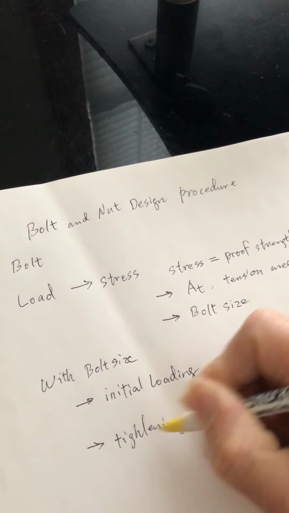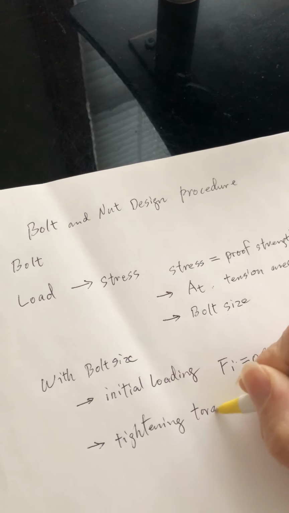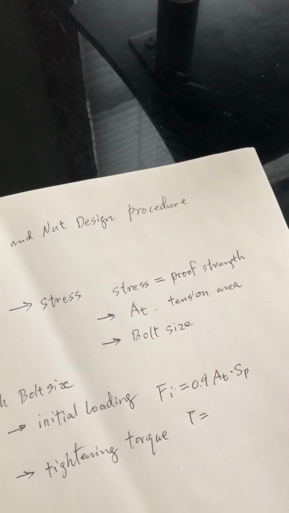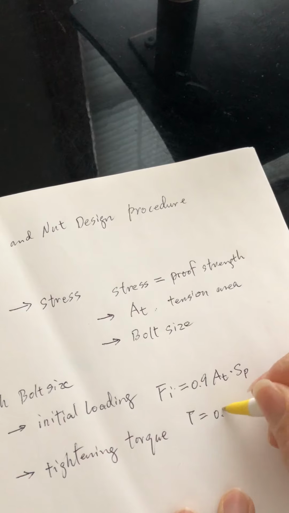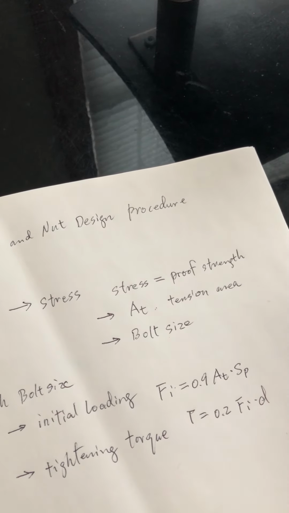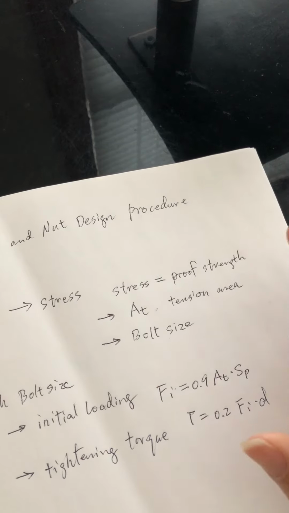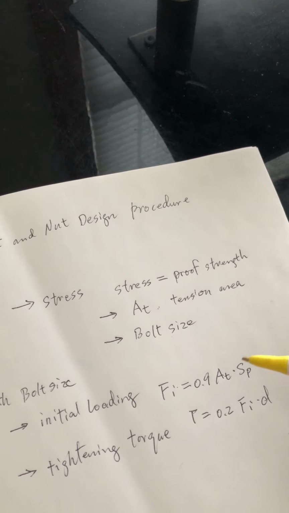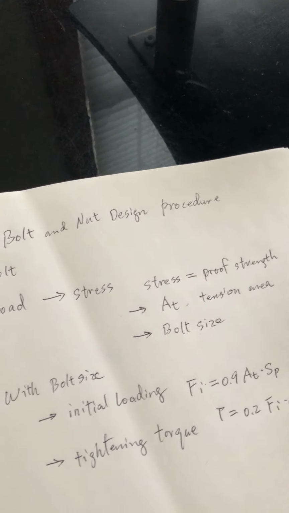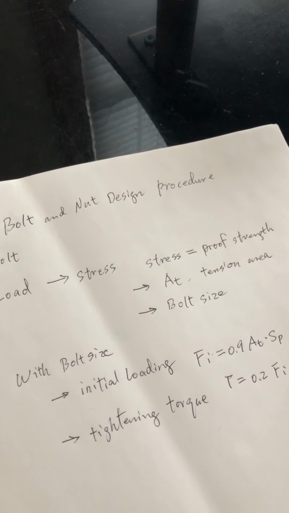T is equal to 0.2 FID. I'm not going to explain how we come up with this formula. We're just going to use it and practice how we design the bolt and nut.